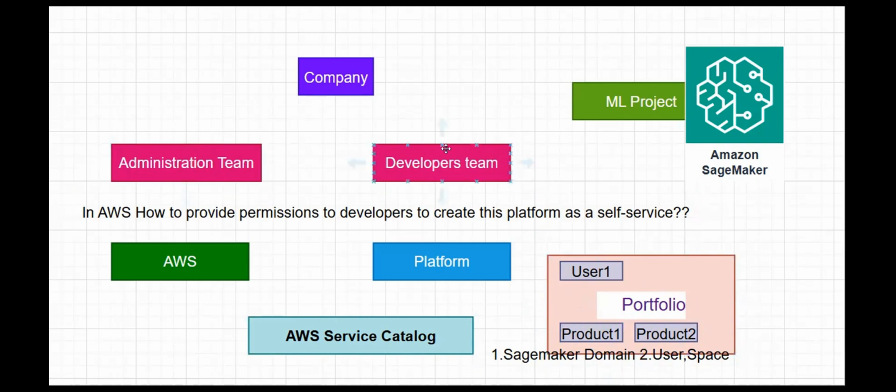Then, as a developer, since I need to develop an ML project, I logged into my account as a developer user. I checked what products I could launch. I have these two products. I launched this SageMaker domain. After that, I took the ID of it and used that while launching the SageMaker space and user, so that the space as well as the user are created inside this SageMaker domain.